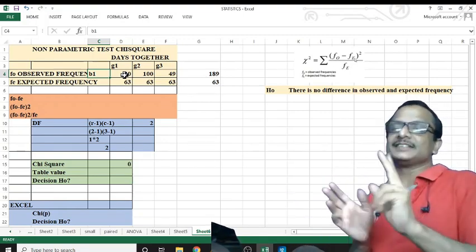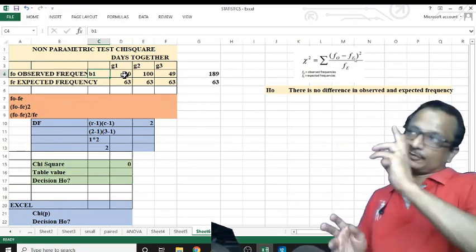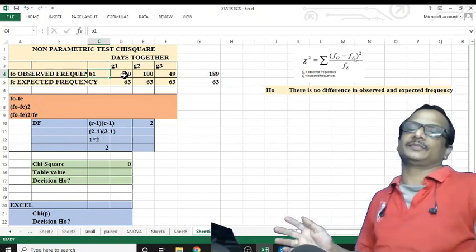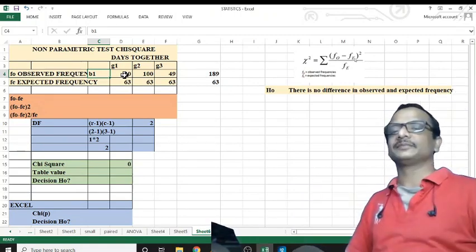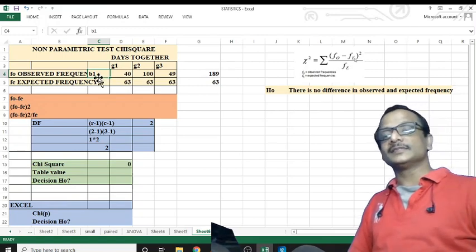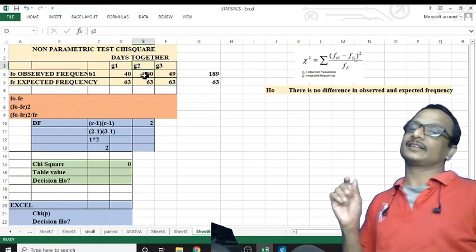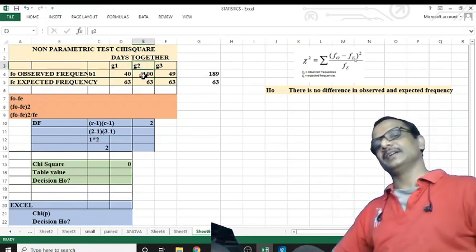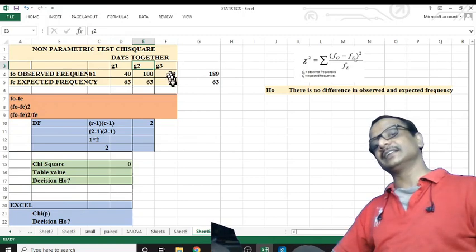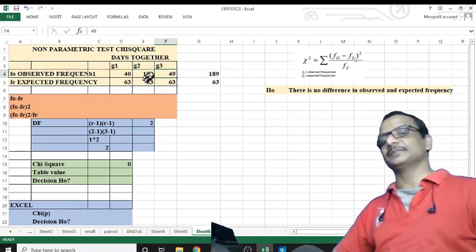They pair with each other and walk together for the 40 days, not continuous, in between. But the same boy pairs with another girl, girl 2, for 100 days, and with girl 3, 49 days.